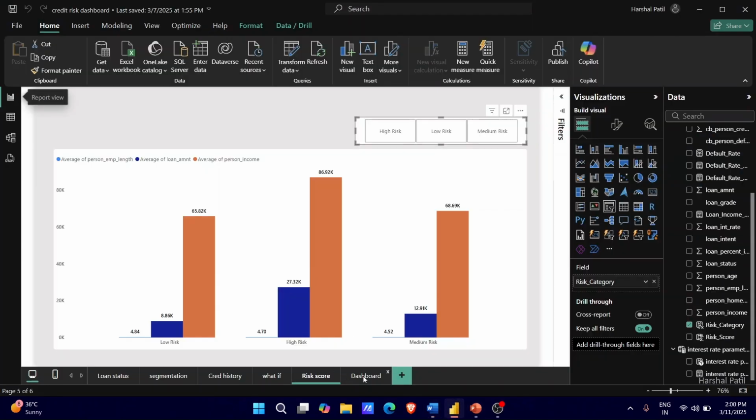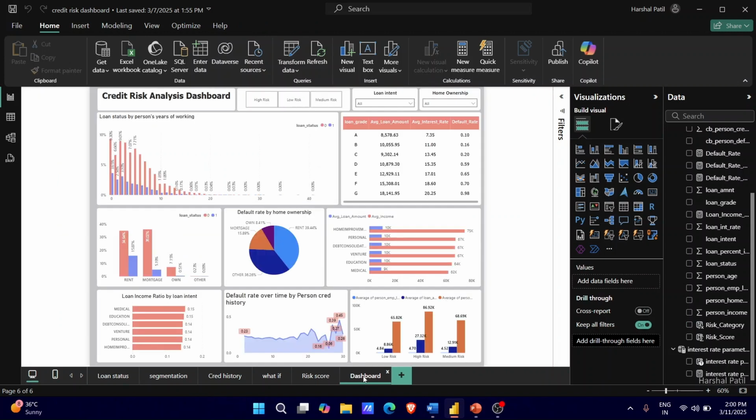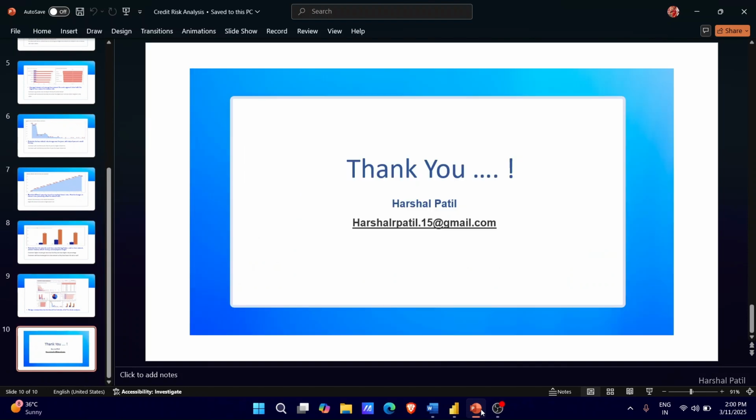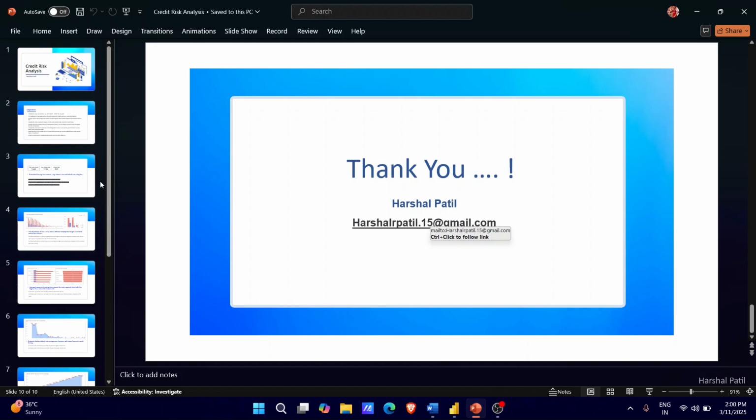And then we created this interactive dashboard where we have the risk score, the loan intent, home ownership, and then we included all the charts we have created. So from that, this is all we have on the previous data analysis.